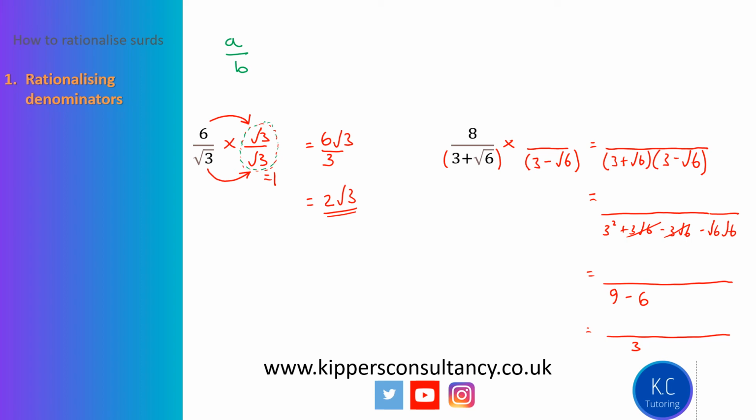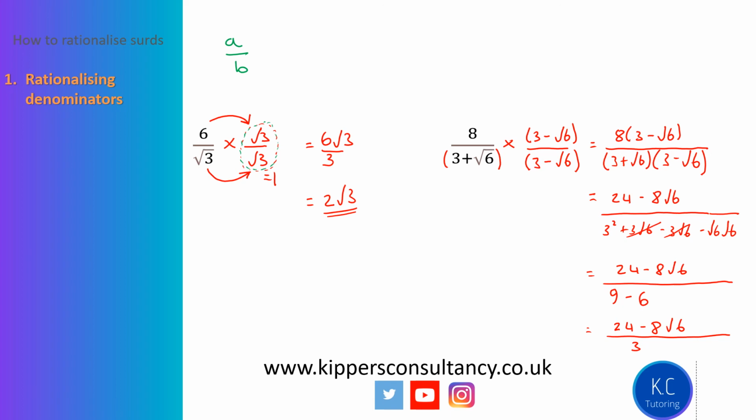My 8 over 3 plus root 6 will be multiplied by 3 minus root 6 over 3 minus root 6. So this becomes 8 bracket 3 minus root 6. The numerator, which is the top part of the fraction, becomes 8 threes are 24 minus 8 root 6. So what we can see now is that we end up with 24 minus 8 root 6 over 3.